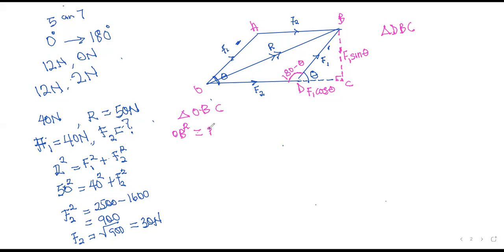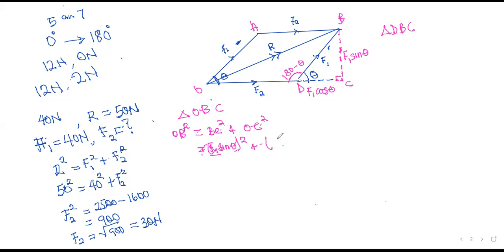BC squared plus OC squared. We expanded: BC is F1 sine theta, squared, plus OC.